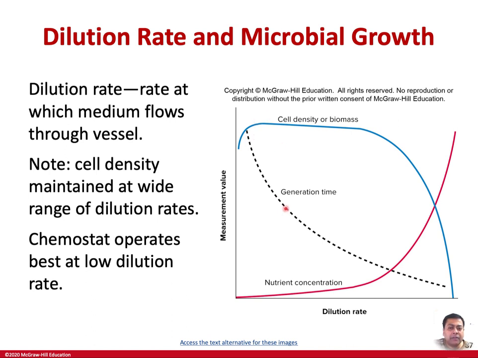At higher dilution rates, the limiting nutrient is almost completely depleted by rapid reproduction of the cells, seen as a decreasing generation time and decreasing cell density. If the dilution rate is too high, greater than the maximum growth rate, the microorganisms can be washed out of the culture vessel before reproducing.